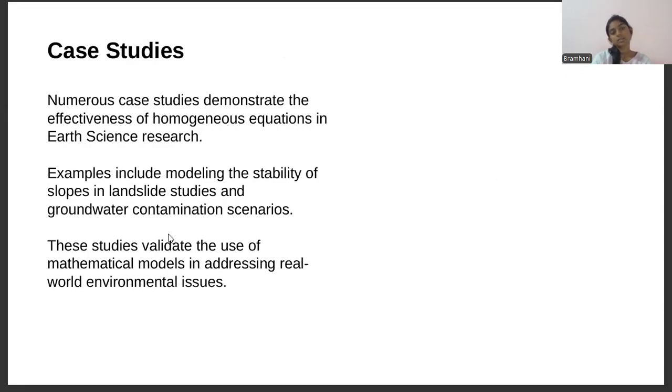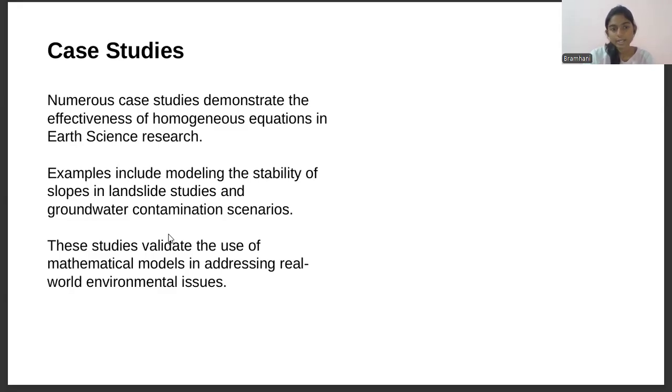We can see the case studies here first. Case studies demonstrate the effectiveness of homogeneous equations in earth science research. Examples include modeling the stability of slopes in landslide studies and groundwater contamination scenarios. These studies also validate the use of mathematical models in addressing real-world environmental issues.